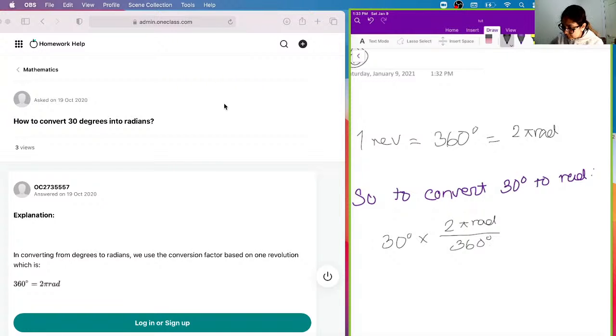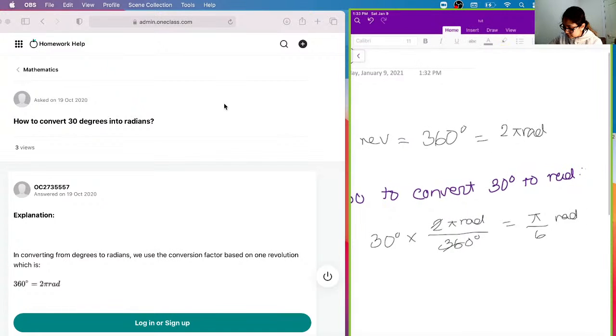So we then have pi over 6. You can basically simplify this even more.